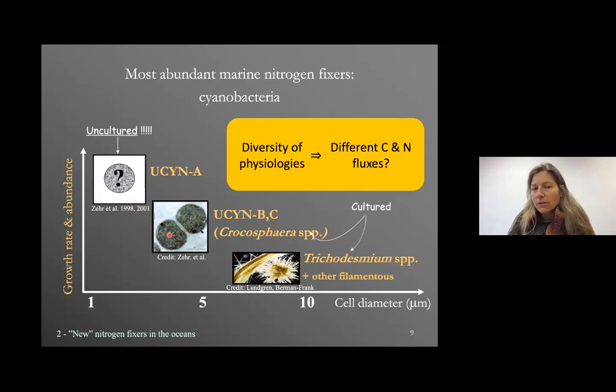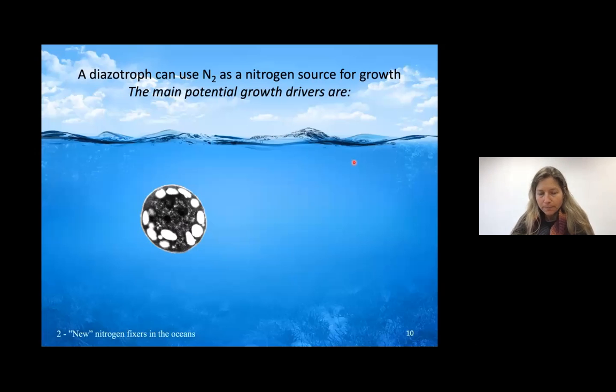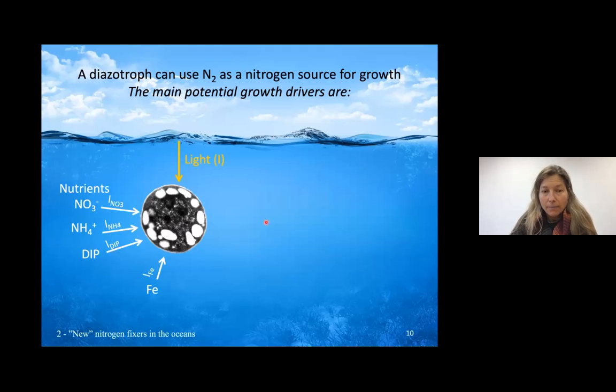They are physiologically different, so one could logically wonder whether they lead to different fluxes of carbon and nitrogen. If I go back to a generic representation of a diazotroph, they all use light. So light can be a driving factor of their growth. They need nutrients, macro and micro.